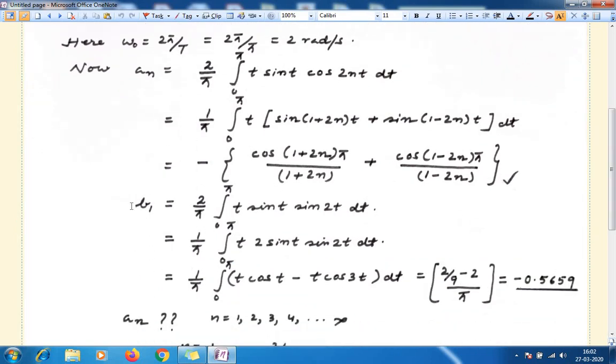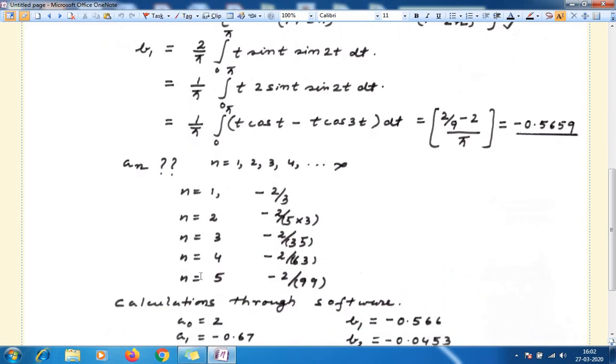Similarly, you can calculate the sine terms. The sine term is 2 by T again, from 0 to pi, and x sine x is the function, and you integrate over the entire period. This was for the first harmonic, and you get this value, minus 0.5659.